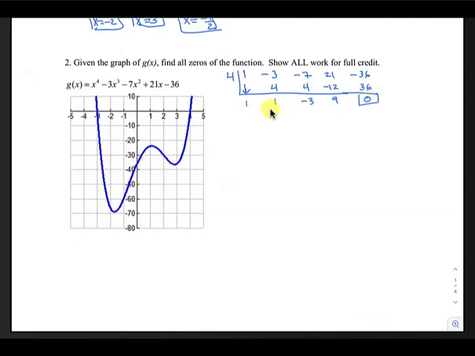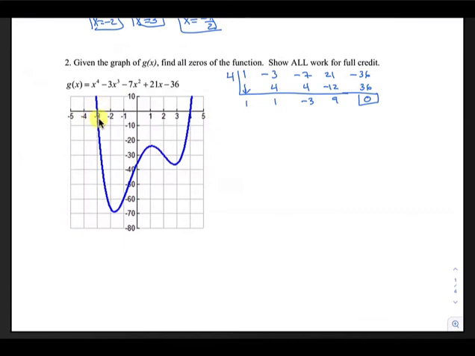Now the resulting polynomial is 1x cubed plus 1x squared minus 3x plus 9, and that cannot be factored. So we'll need to use another zero from the graph, and the other zero is negative 3.